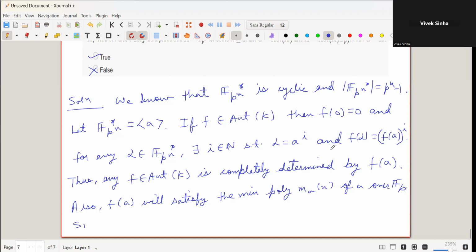And also we know that the degree of the minimal polynomial of a is n, right?